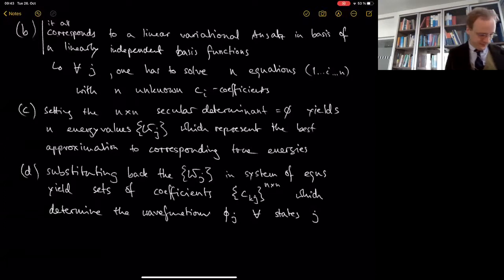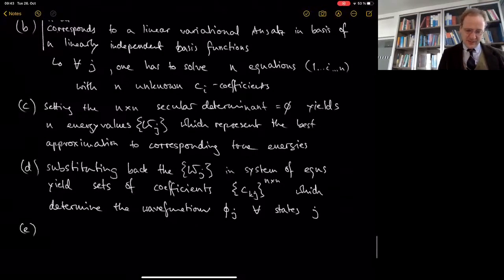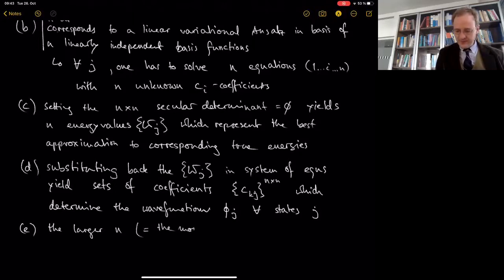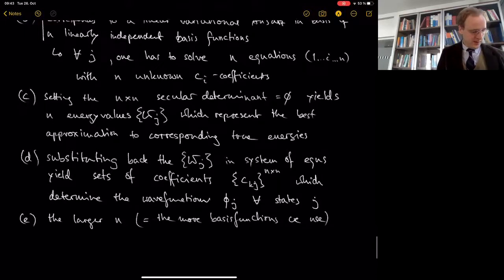Now, let me finally mention the larger n is the same as saying the more basis functions we use, the closer Wj to true values.